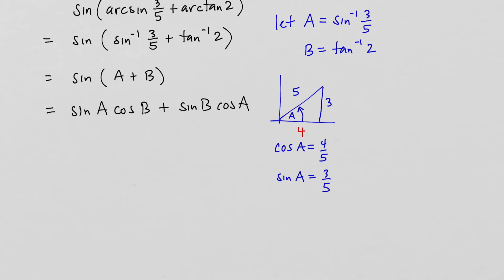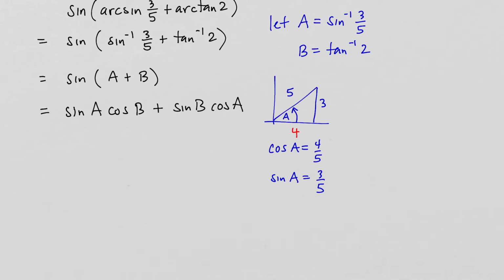Then we just need to do the same thing for the angle B. B is also an angle in the first quadrant. B is given by the inverse tangent of 2, which means that tangent of B is equal to 2. And tangent, we know, is opposite over adjacent. Then we can find the hypotenuse of this triangle by using the Pythagorean theorem.